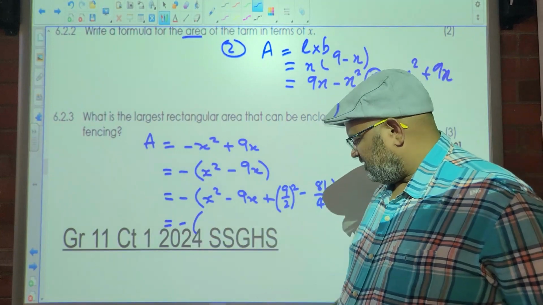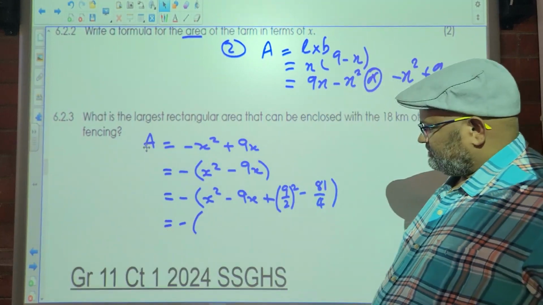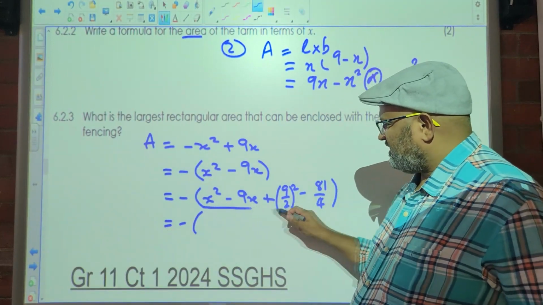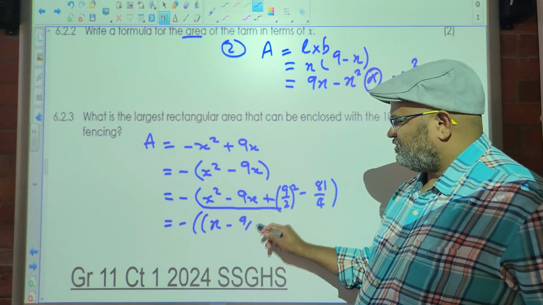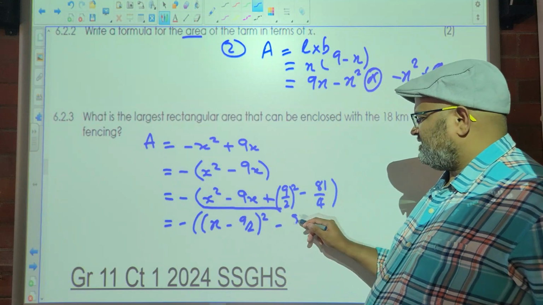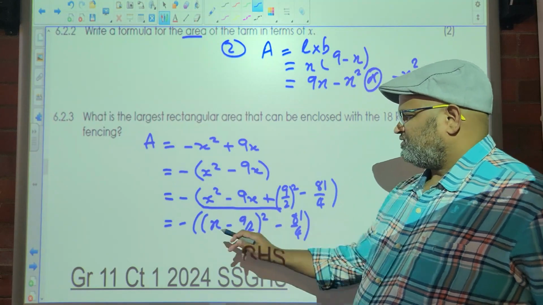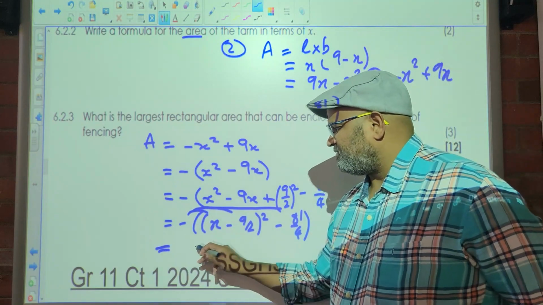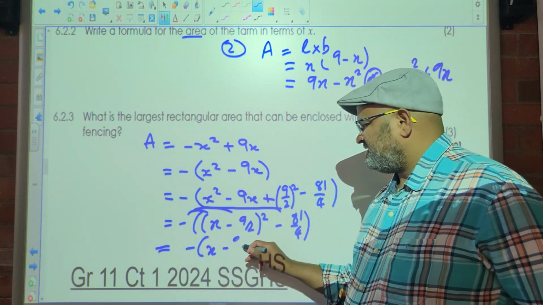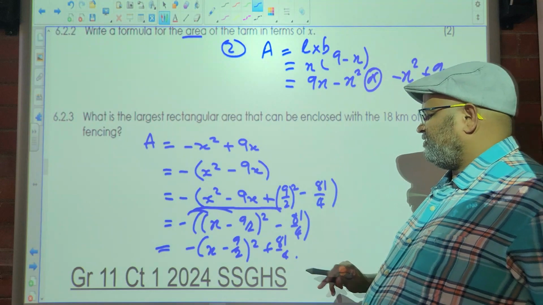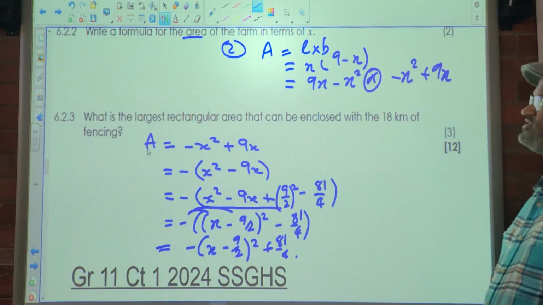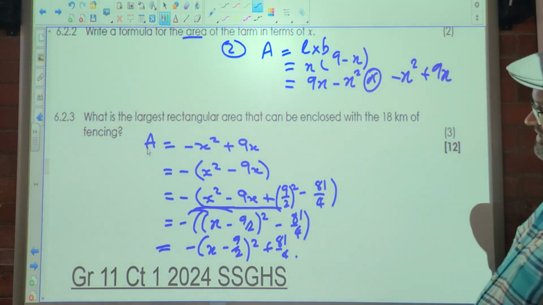Which now gives us negative into a perfect square trinomial here, and that's what I built there. So it's x minus 9 over 2 squared minus 81 over 4. So we get rid of the bracket by multiplying out, so it's negative x minus 9 over 2 squared plus 81 over 4.